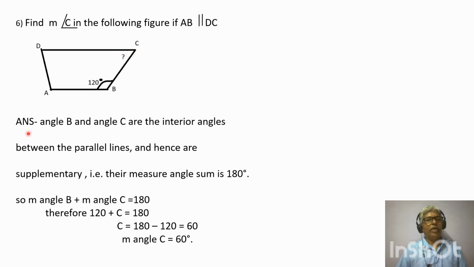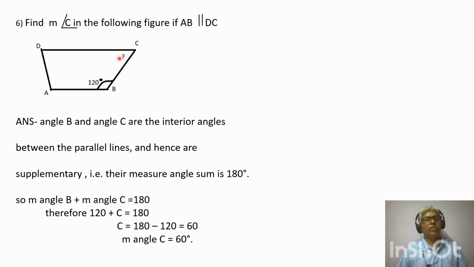Answer: angle B and angle C are the interior angles between the parallel lines. These two are the parallel lines, and this is a line intersecting these two. So these two are interior angles, and hence are supplementary.